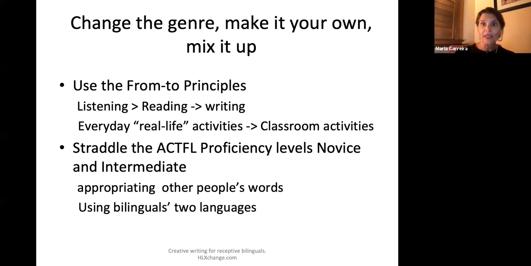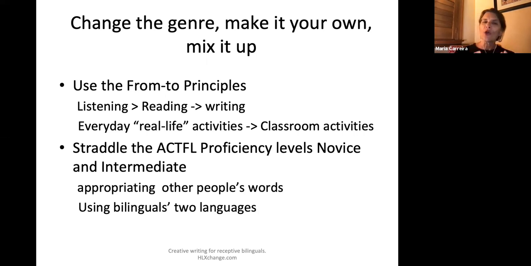Now, specifically with respect to these activities, I'm going to show you how to use listening, typically the strongest of the skills, to strengthen reading, and from there to help students write, even receptive bilinguals.